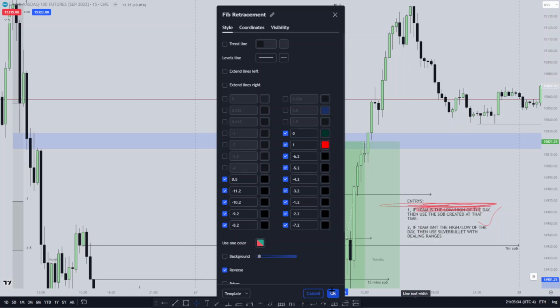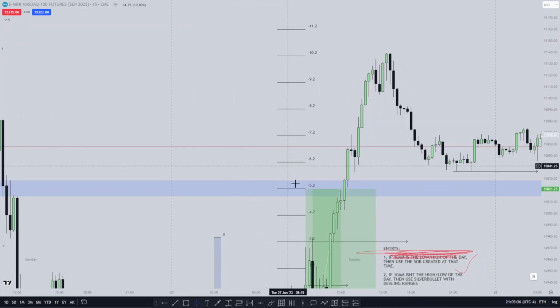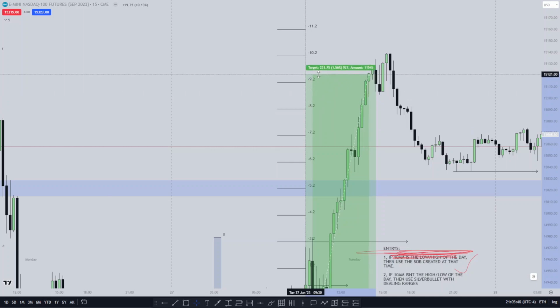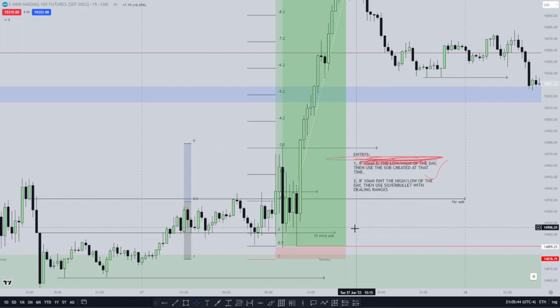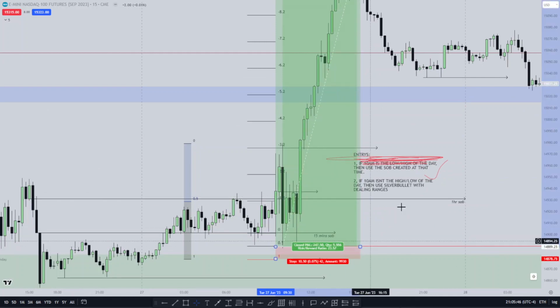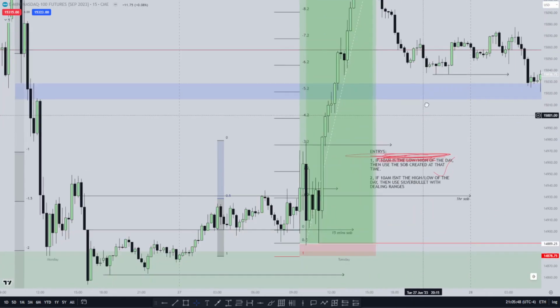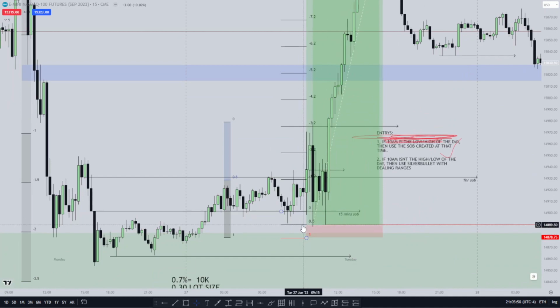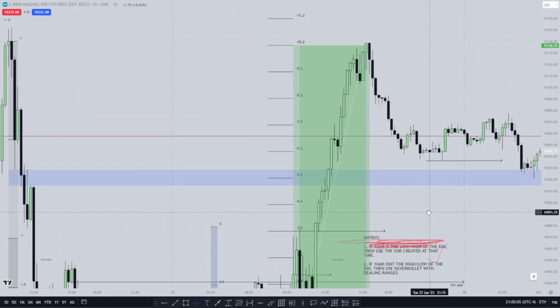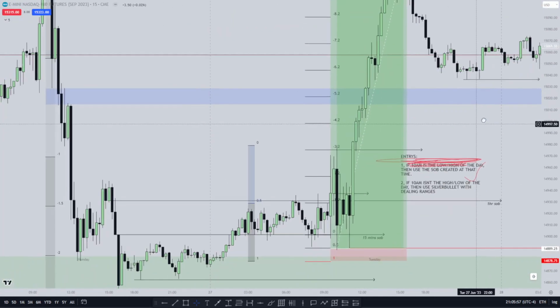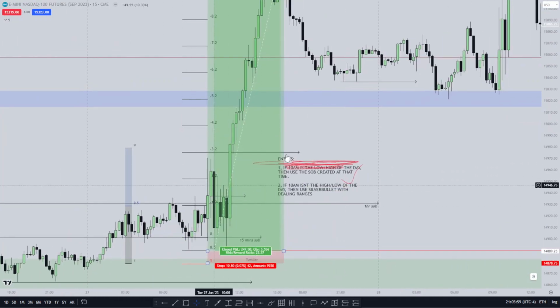Then we reverse. To an 11-hour, the equilibrium could go even over here, meaning that is a 25-hour trade just for this entry right here at this 50%. So that is the entry for Tuesday.